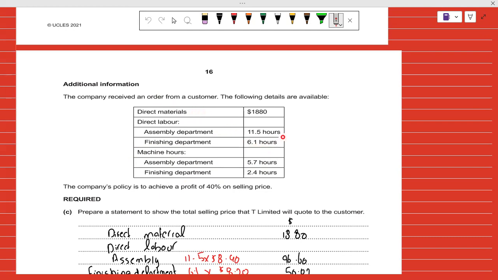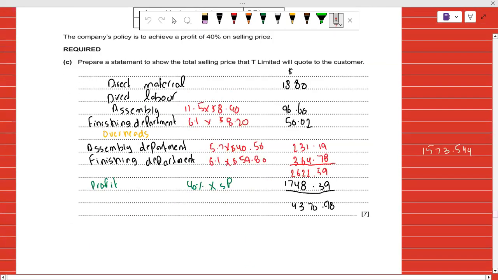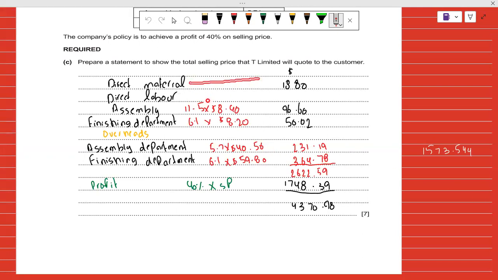So it means that we have some direct costs, and also we have some overheads. Okay. So first of all, let's talk about the direct materials and direct labor.